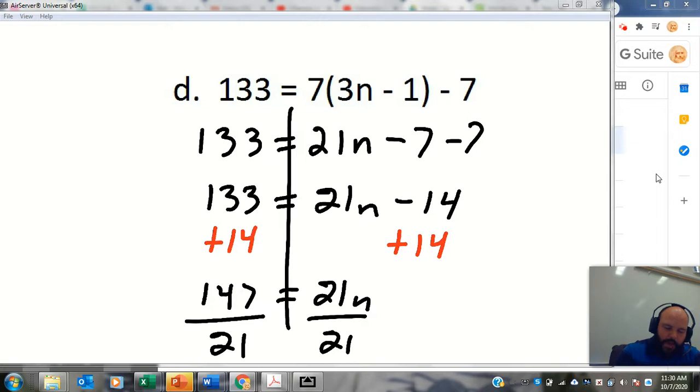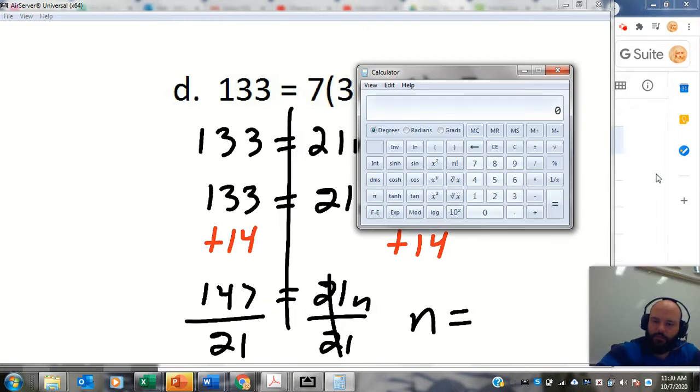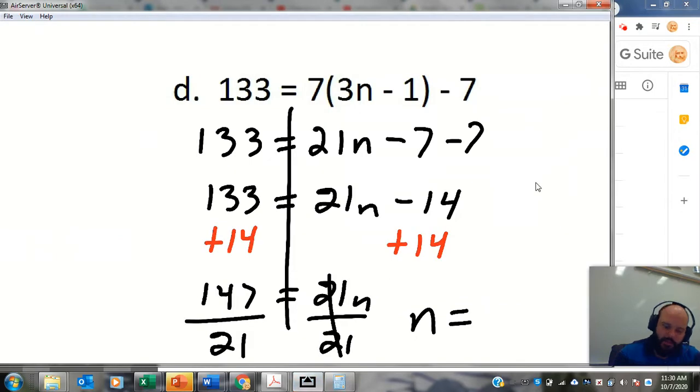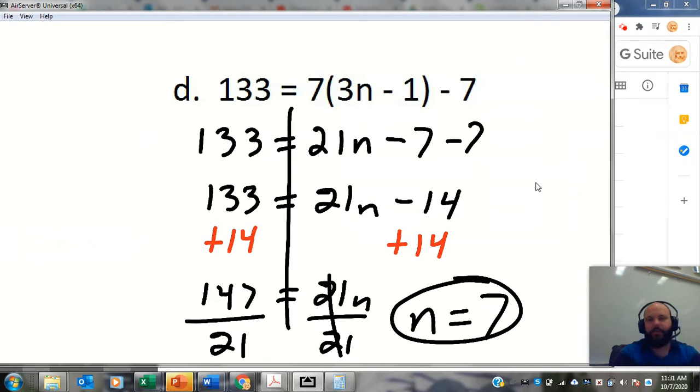I'm going to divide that side by 21. These 21s cancel. n equals, and I don't think that 147 is divisible by 21 equally. Oh, yes it is. It's 7. So, oh, I lost my screen. Sorry about that, guys. So that just equals 7. And there's your solution to that one.